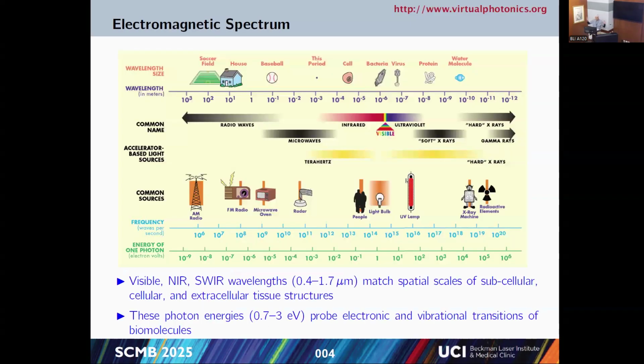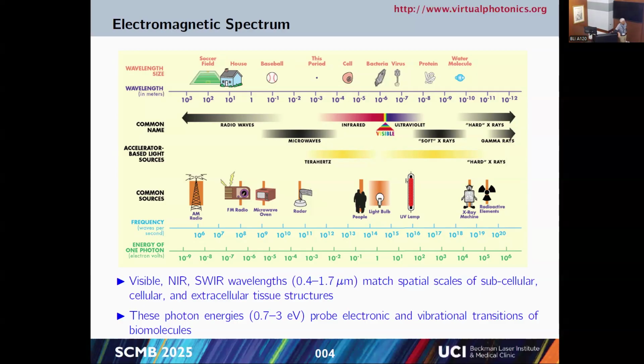So it's also helpful to think about, typically we use visible, near infrared, now shortwave infrared light in biological media, but it's good to think about the light that we typically use in biophotonic applications relative to the entire electromagnetic wave spectrum.